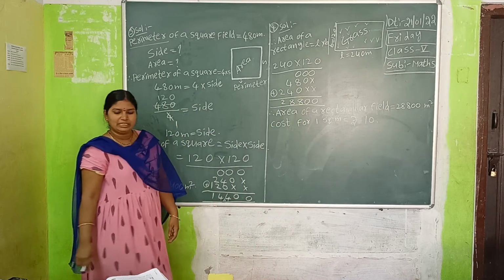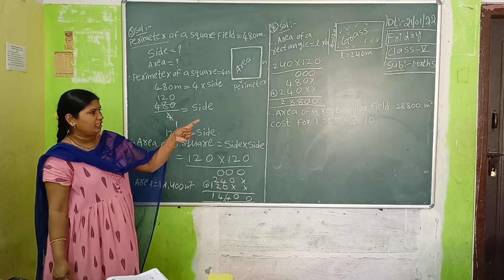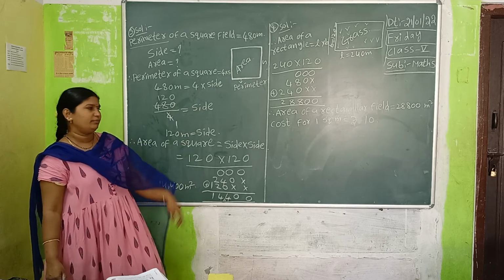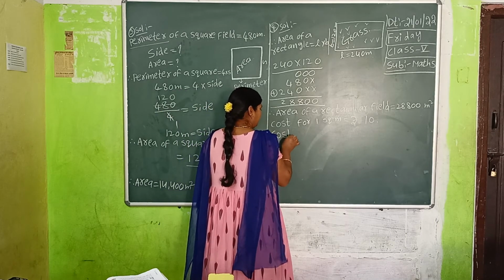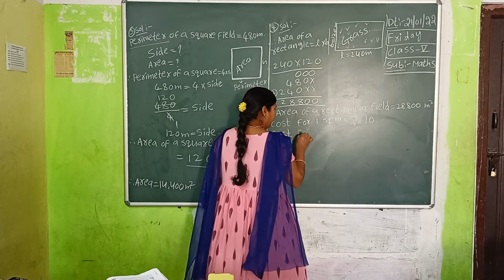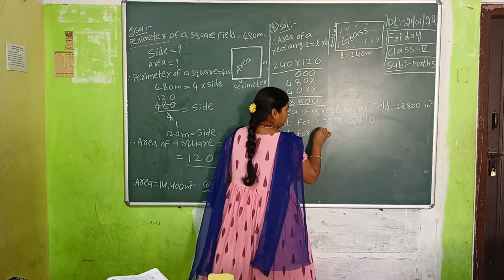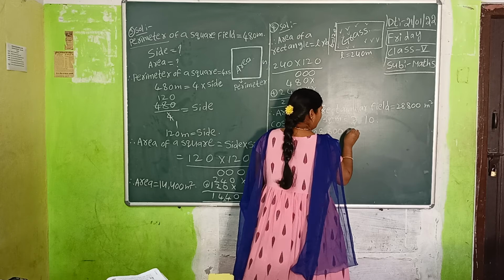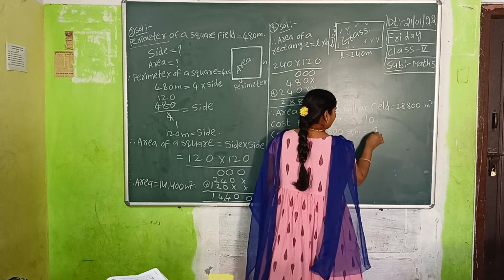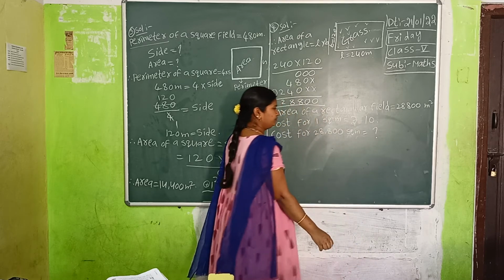And what will be the cost of 28,800 square meters? Okay. Cost for 28,800 square meters equal to how much?